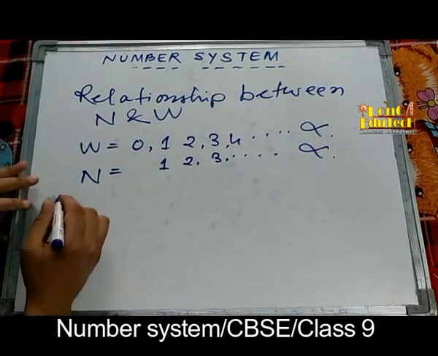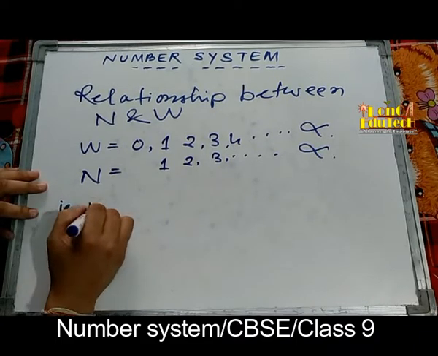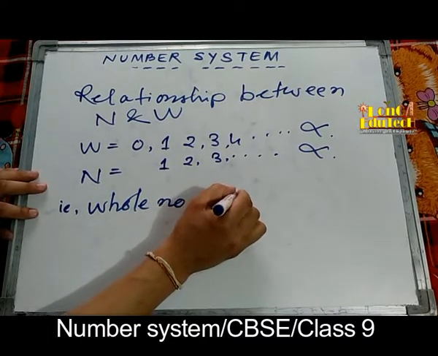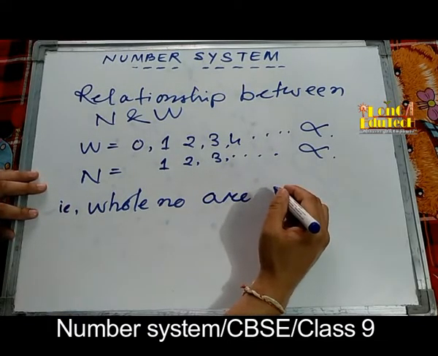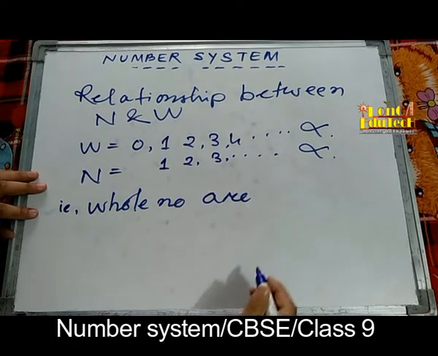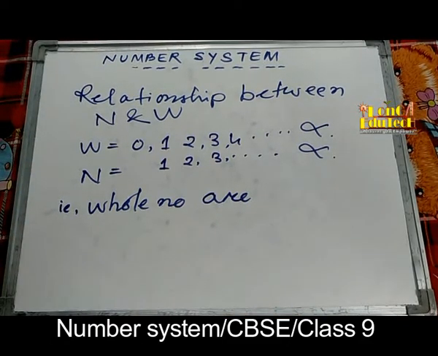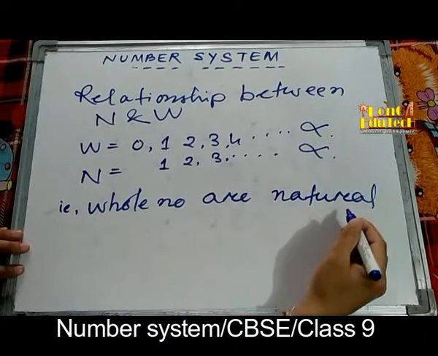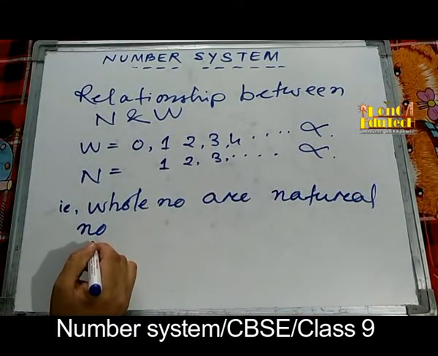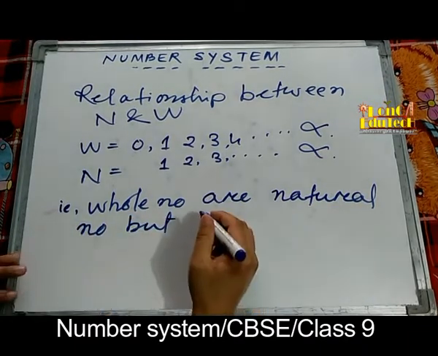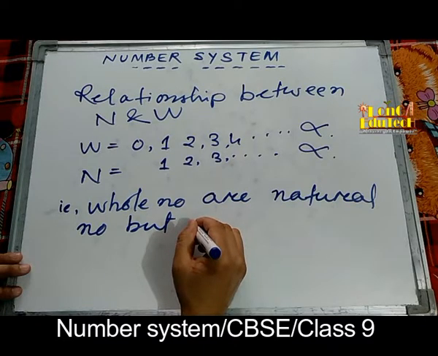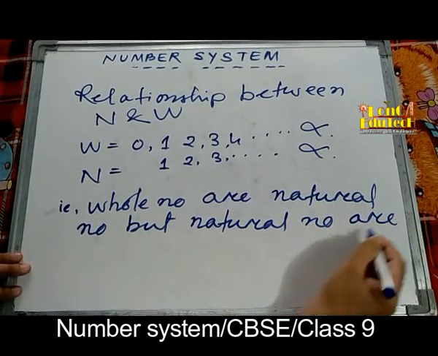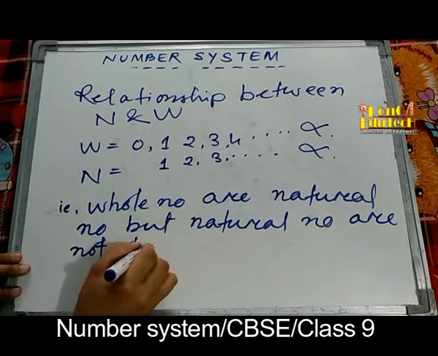That means that whole numbers are natural numbers, but natural numbers are not whole numbers.